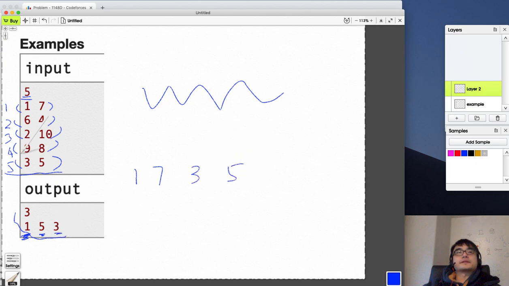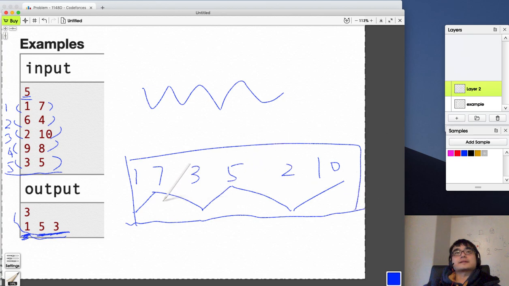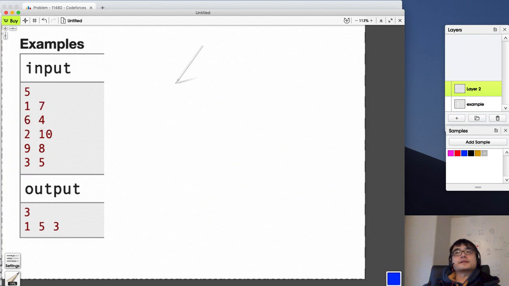And then the third pair, which is 2, 10. 1 is smaller than 7, so it's like this. 3 is less, 5 is bigger. 2 is less, 10 is bigger. So we can get a zigzag array if we arrange the number pairs like this, right? This one is the longest we can get, so we output this one. So that's the meaning of this question.